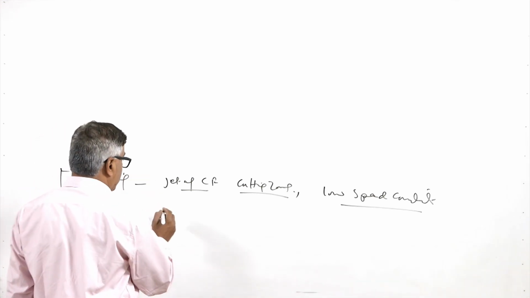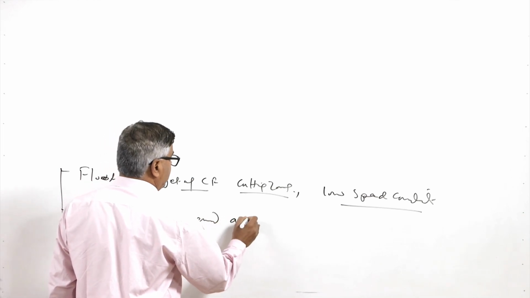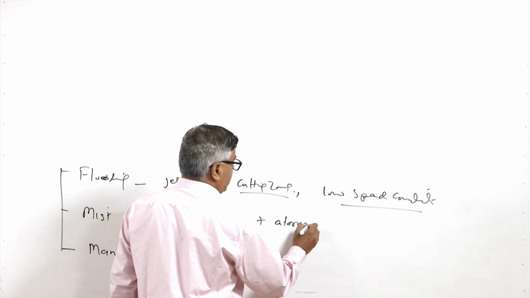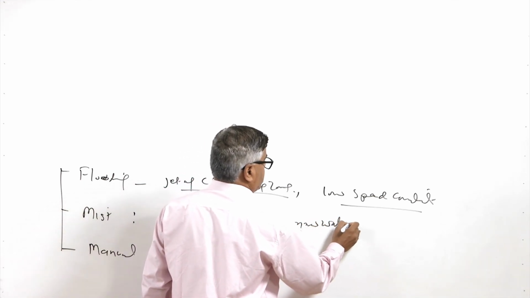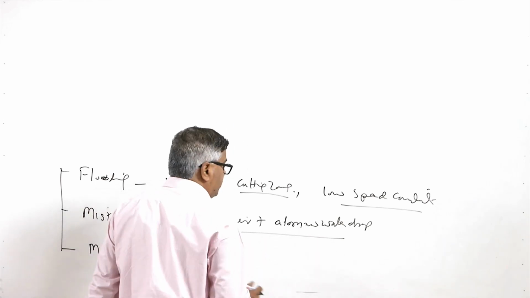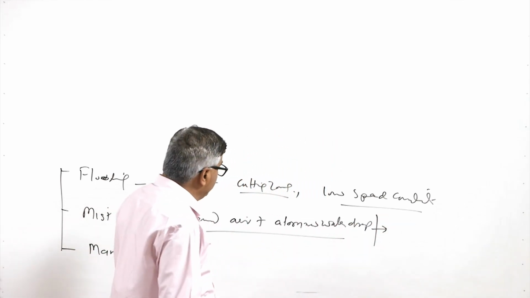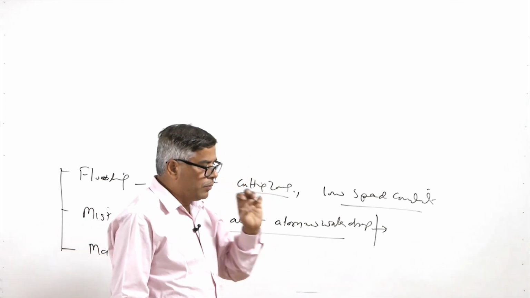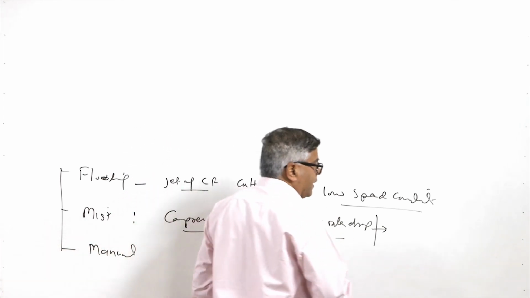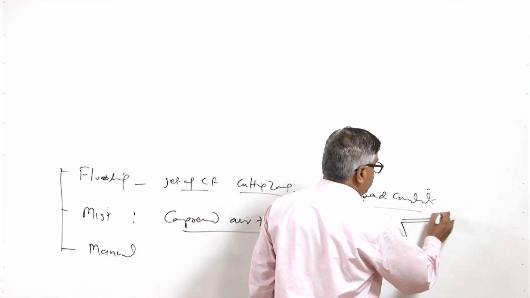On the other hand, compressed air plus atomized water drops, the combination of these two is called mist, and it is directed into the cutting zone. Since the mist will be fed under pressure, at high speed conditions this may be able to reach the tool chip interface during the machining.